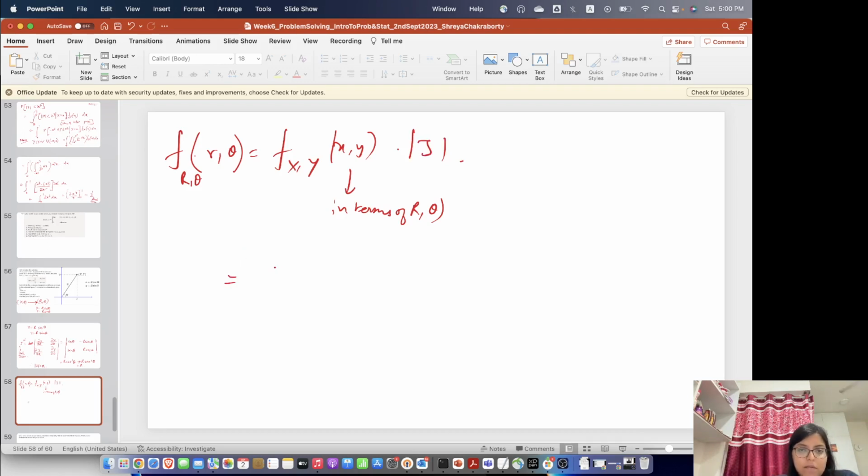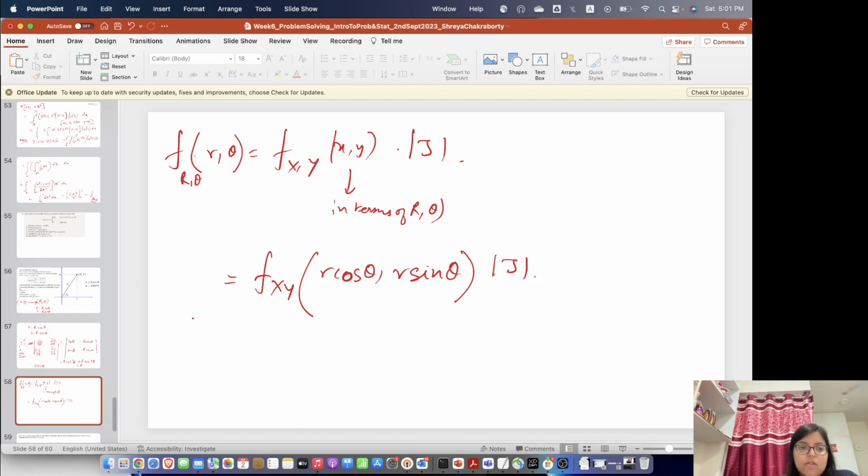So this will be f(x, y), where x is r cos theta and y is r sin theta, into J.